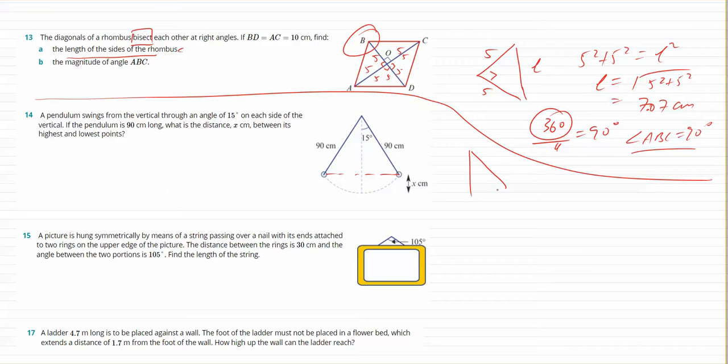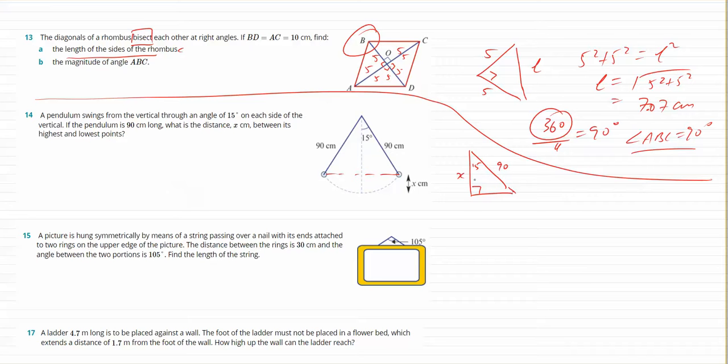Let's find the highest point first. This is 15 degrees and this is 90 centimeters. We've got a right angle, and we want to find this distance.